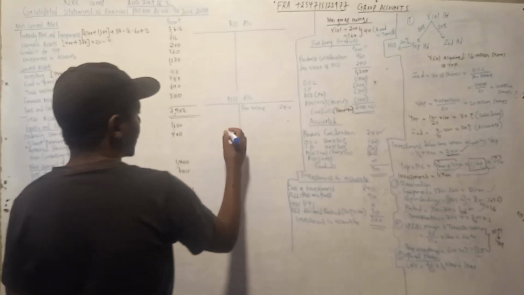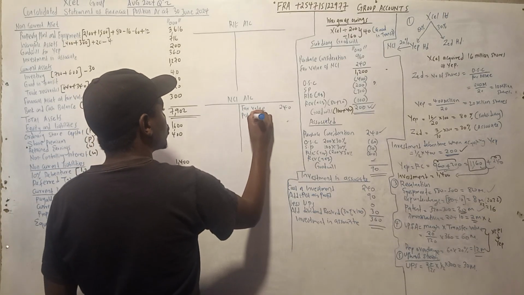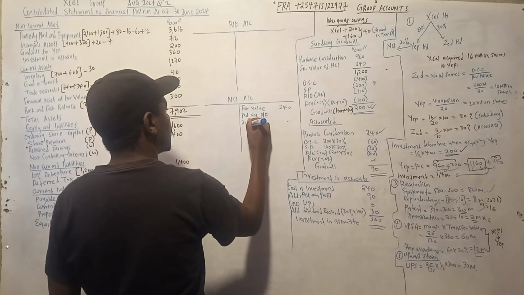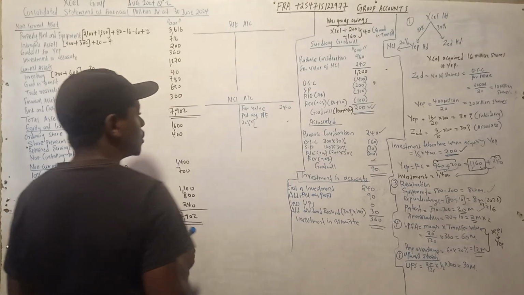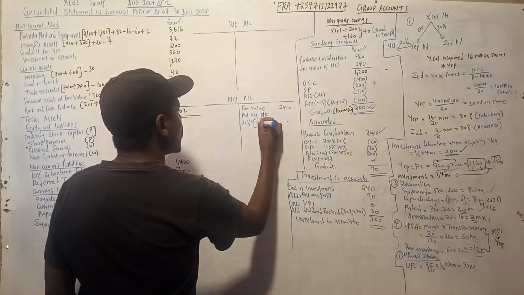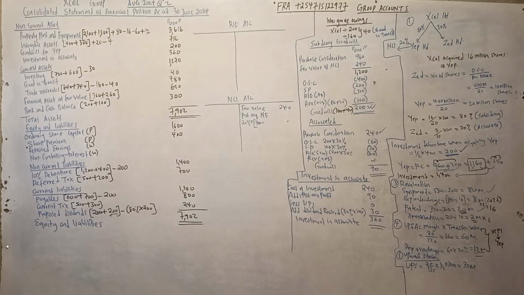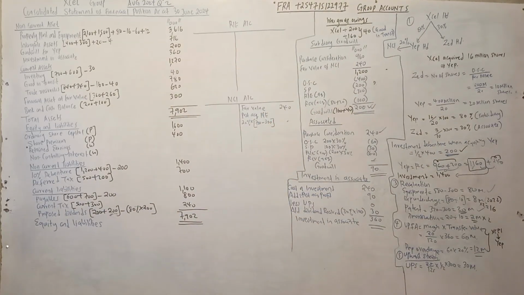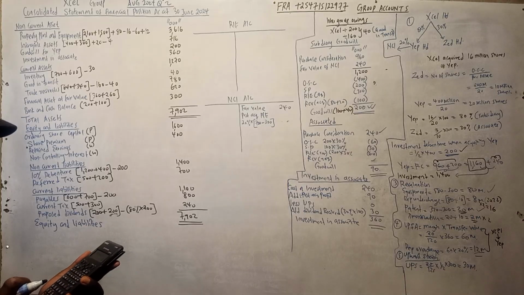Then post acquisition retained earnings. Now it's supposed to be 20%. We multiply by the retained earnings at the balance sheet, which is 700, minus the retained earnings as of the date of acquisition, which is 300. So 700 minus 300 times 0.2, 80.